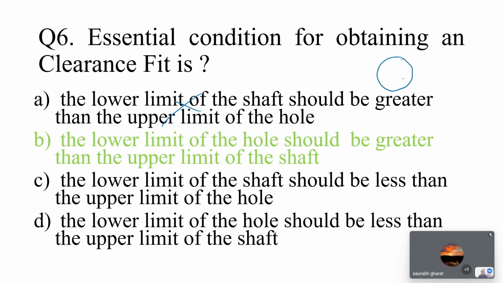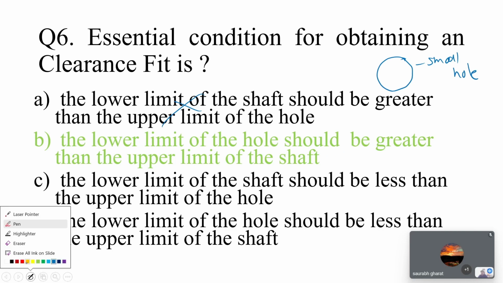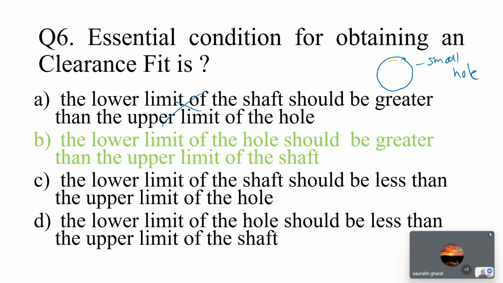Consider this is your lower limit of the hole, which means the smallest hole. This small hole should be greater than the upper limit of the shaft, which will be the biggest shaft.